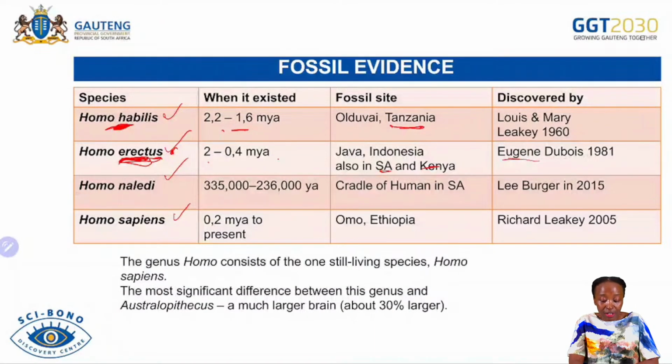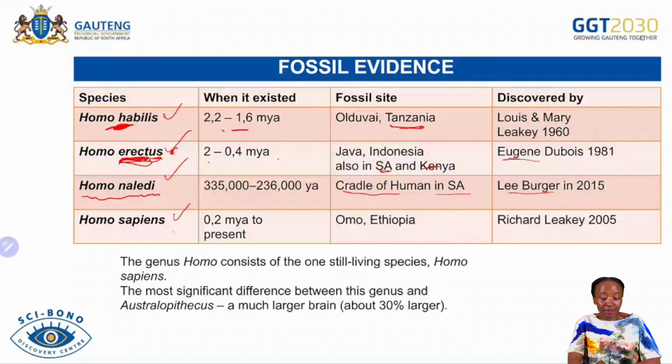Then we also have this one, which was recently discovered in 2015 by Lee Berger. This one is called Homo naledi, between 0.3 and 0.2 million years ago, or 335,000 to 236,000 years ago, and we're in the Cradle of Humankind in South Africa.